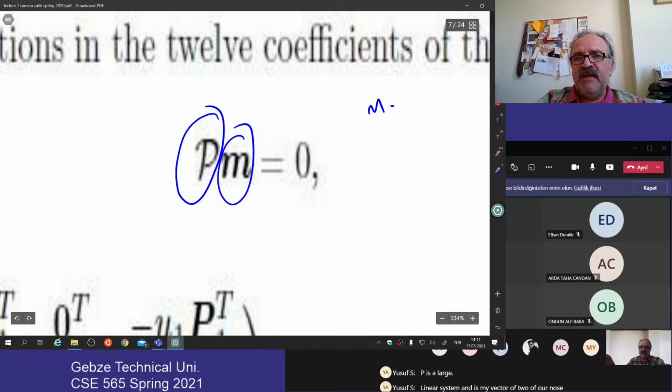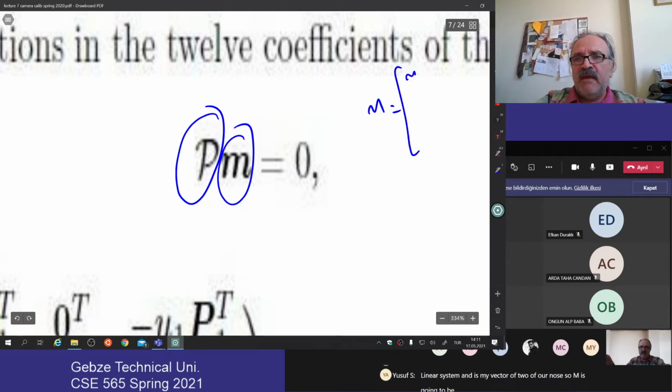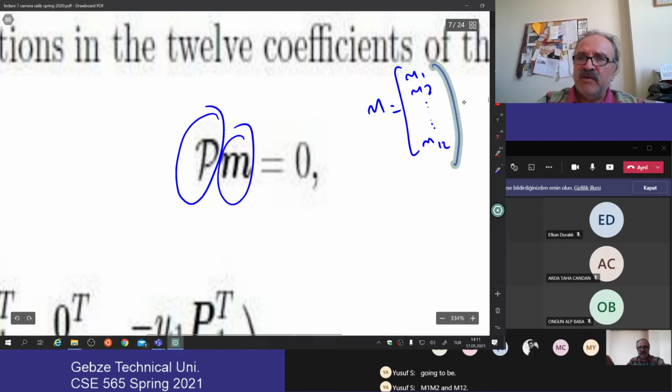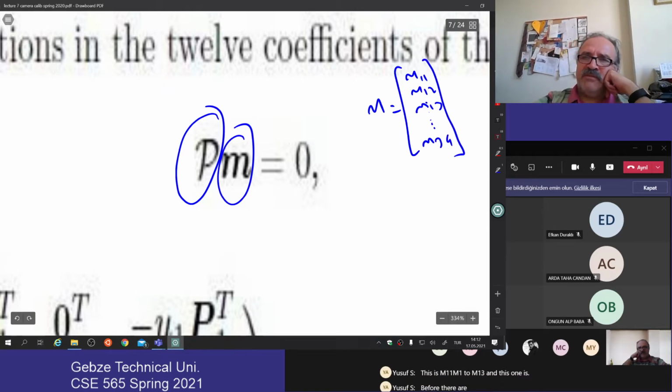So M is going to be M11, M12, M13, and this one is M34. There are a total of 12 numbers. Okay, so M is a 12 element vector.